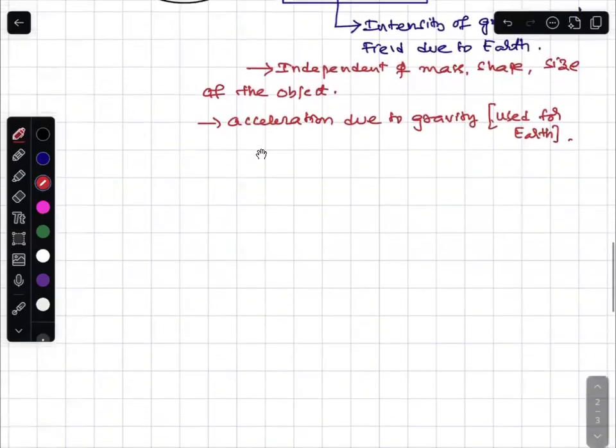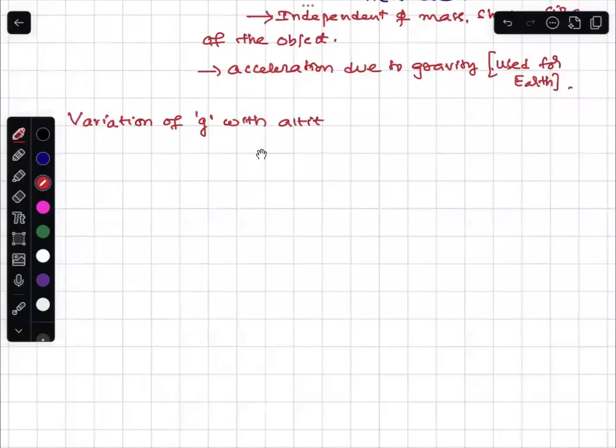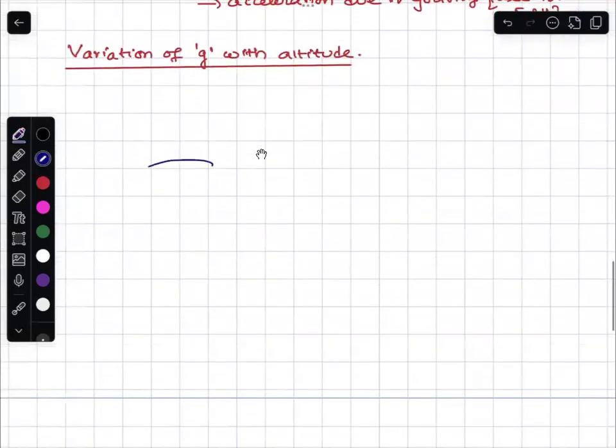First, variation of g with altitude, height. Now you consider a situation like this.